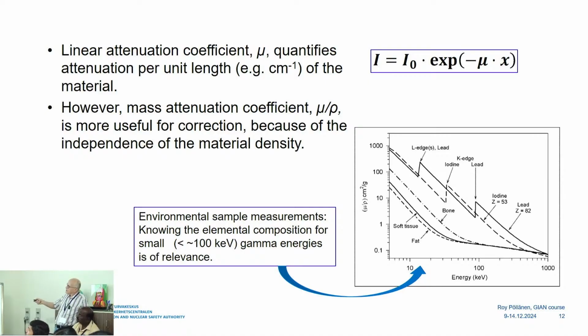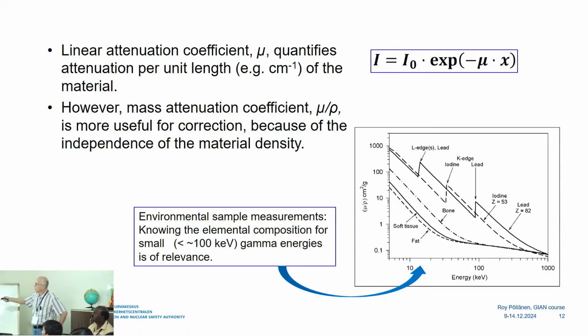So here is mass attenuation coefficient here, and this is energy. There are different materials here. For example, soft tissue is here, bone is here, and heavy materials here. For example, this black thick one is lead.